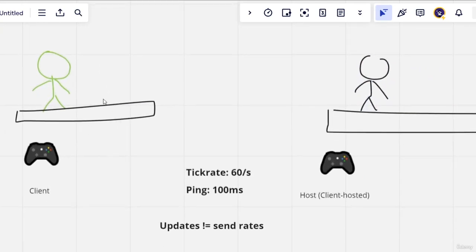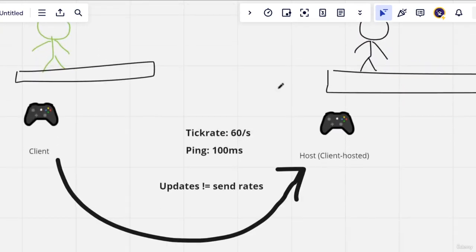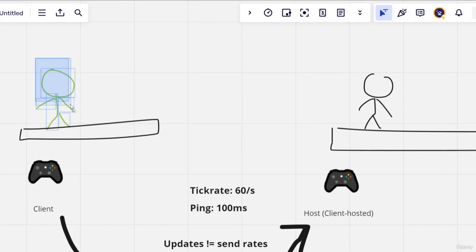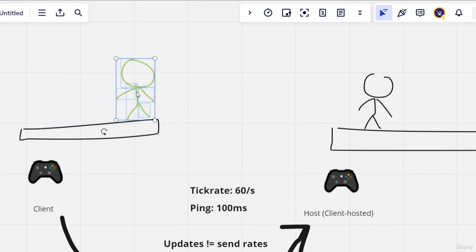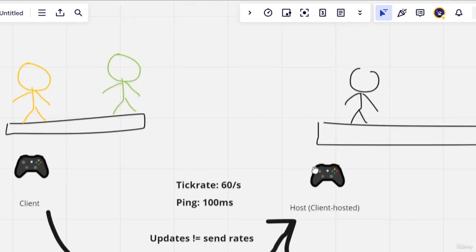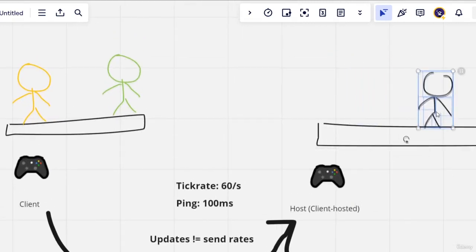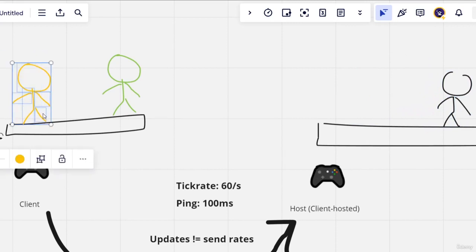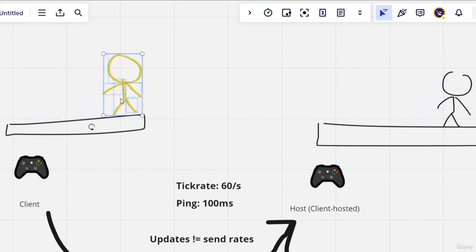Let's say we press D, we move to go right, and we predict the player movement. So it will go right immediately, even though in reality, our player is still in this position. And then after the input has been transferred, the host will also move the player to here, and the reality will also follow the prediction. Prediction also comes at a cost. You are running more updates in just 1 second.